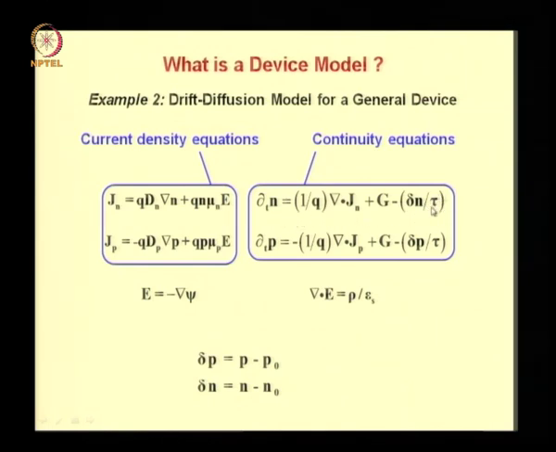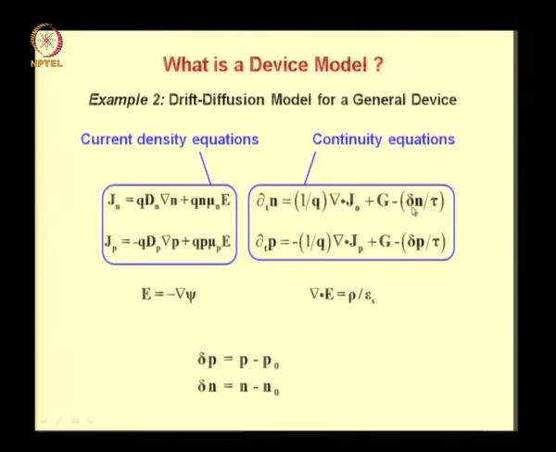This is the lifetime of minority carriers. The excess electron concentration is equal to the electron concentration minus the equilibrium value of the electron concentration at that point in the device. Similarly, this is the whole continuity equation.